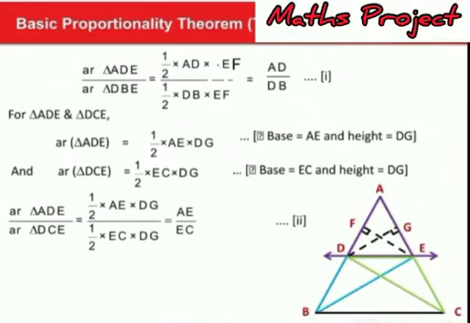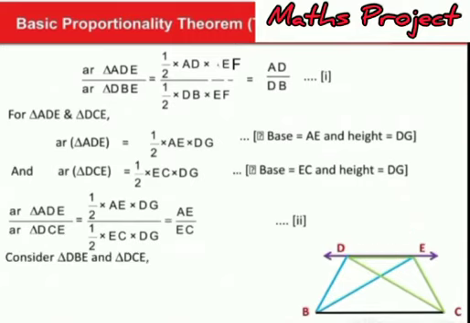Now we will also take the same ratio of these two triangles, the same way as we did earlier. We will write: area of triangle ADE is equal to half into AE into DG upon the area of triangle DCE, half into EC into DG. Now DG and the half will cancel and we will get AE upon EC. Now we will make it the second point.